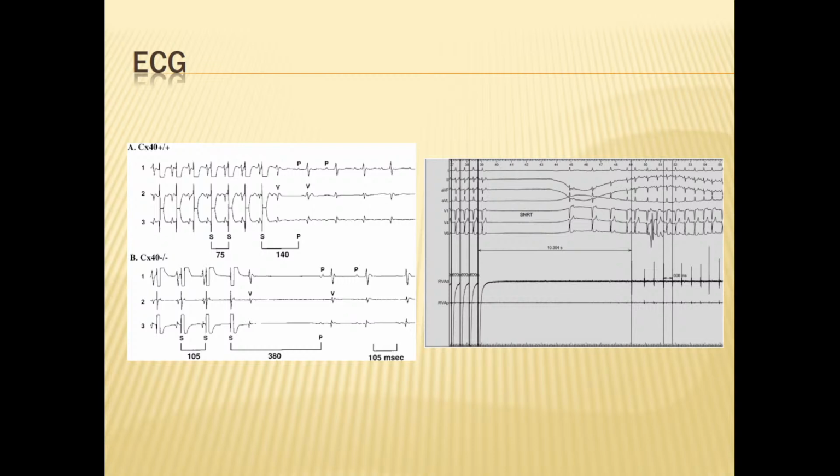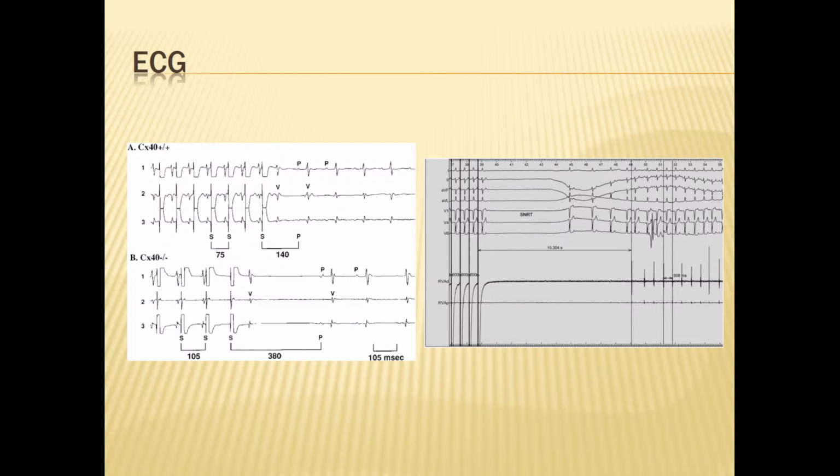It means that the sinoatrial node does not work properly, but not too badly. It is not sick sinus syndrome yet. Only some initial damage. In the picture on the right side, after stopping extra stimulation, you see a very long pause, around 10 seconds. This is typical for significant damage of sinoatrial node function, which is called sick sinus syndrome.